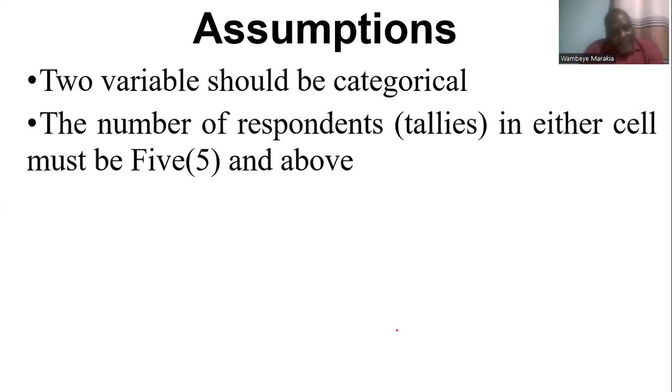Second, if you want to use the chi-square test, the number of respondents or tallies in either cell must be 5 and above. The tallies you want to put in each cell must be above 5.